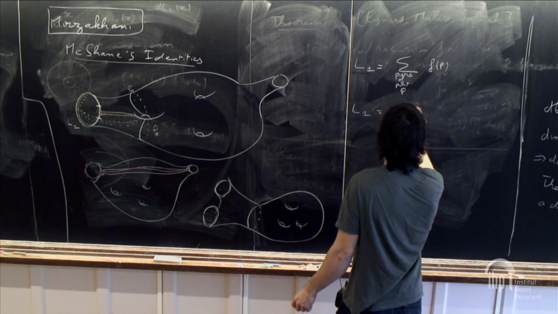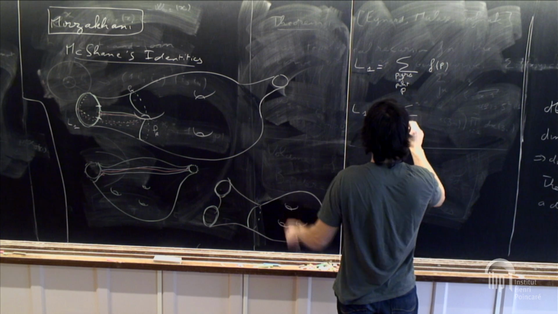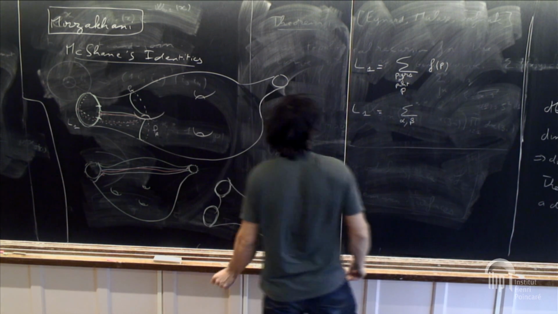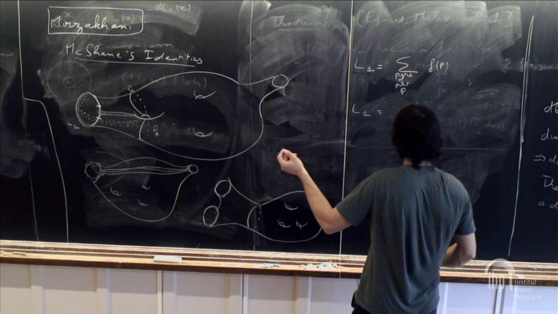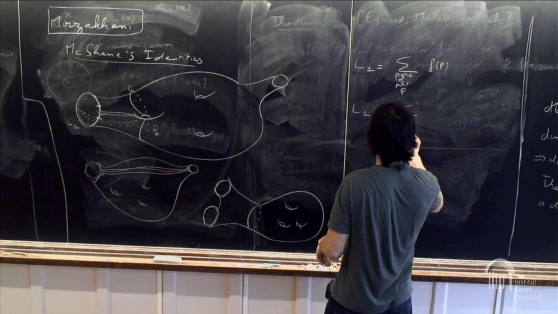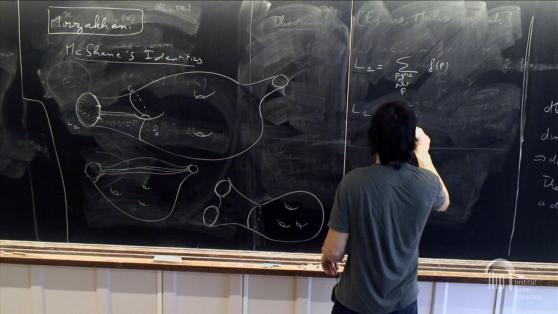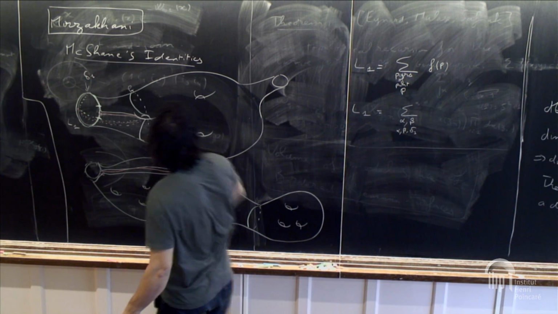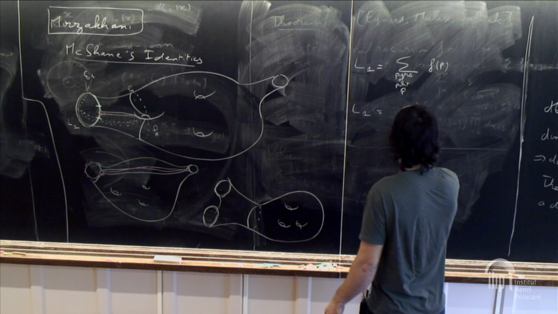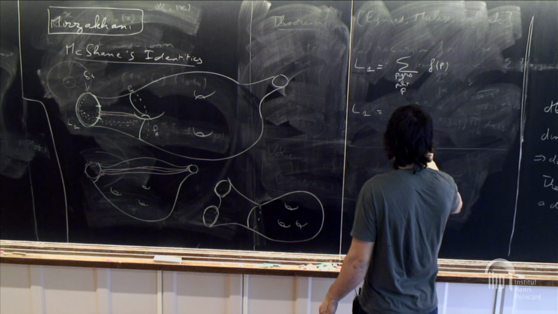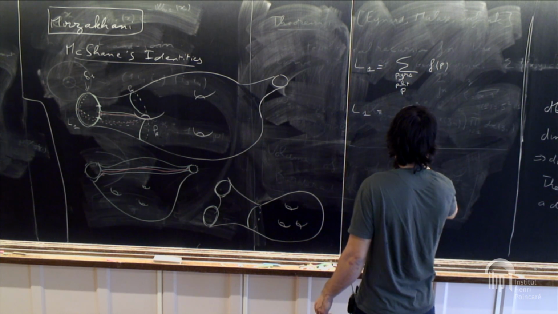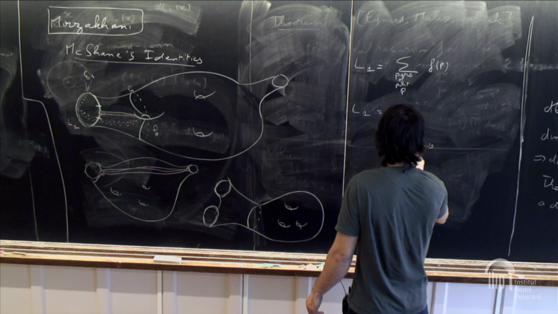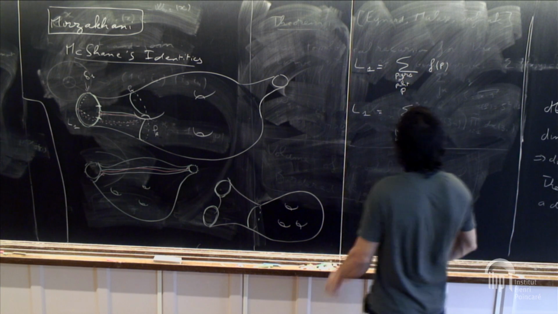In the first case, it's a sum over pairs of geodesics alpha, beta inside your surface, such that alpha, beta, and the first boundary component, which I will call delta 1, bound a pair of points inside sigma.